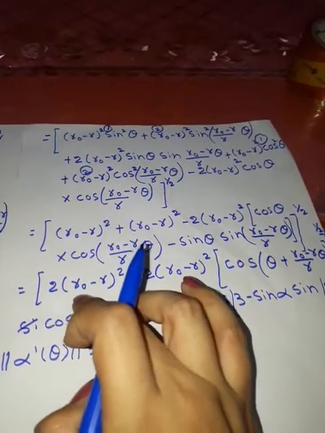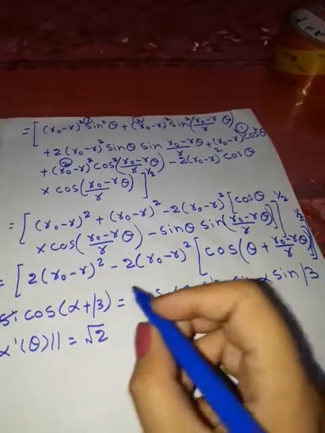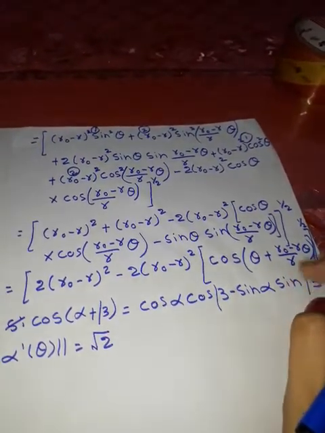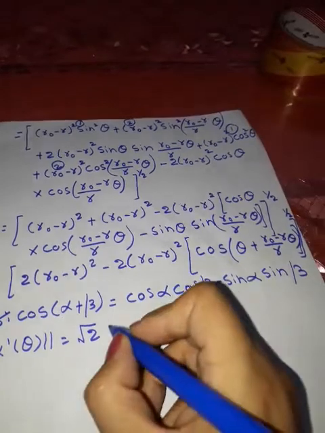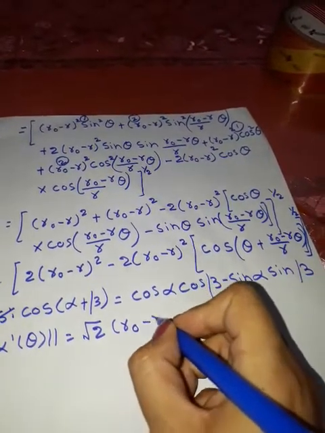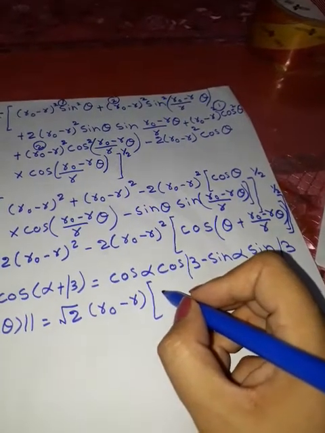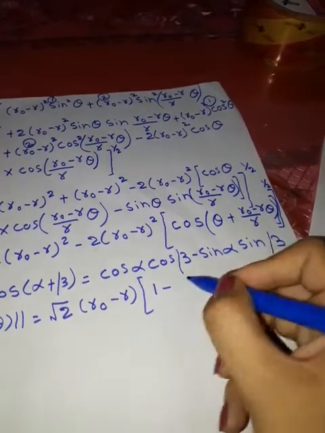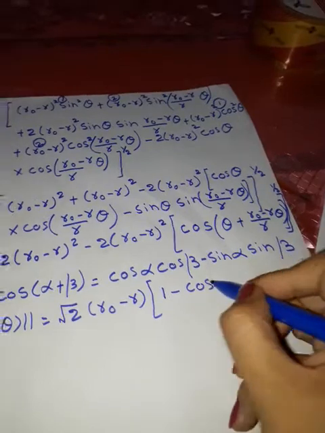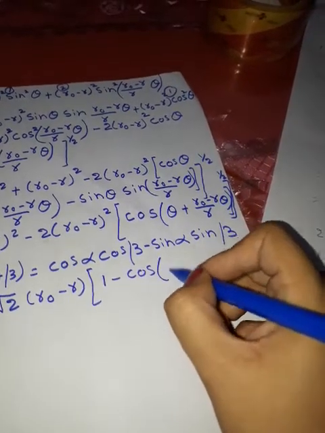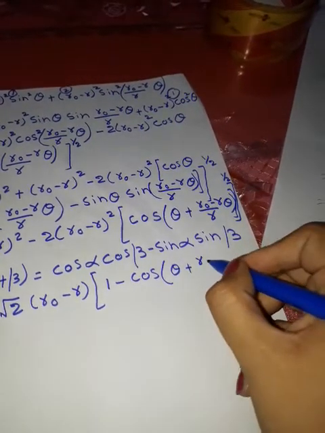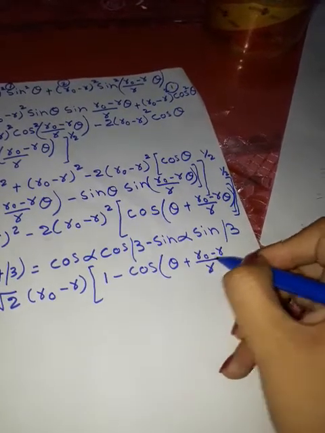Similarly, I can take r naught minus r whole square common, and when I take it outside from the square root, I have r naught minus r. So I am left with 1 minus cos of theta plus r naught minus r divided by r theta.